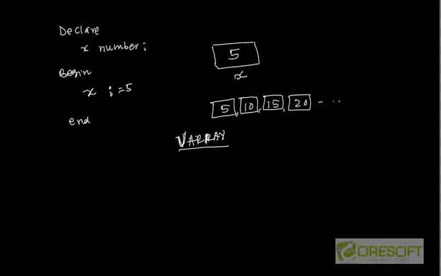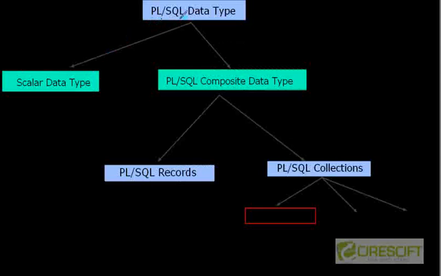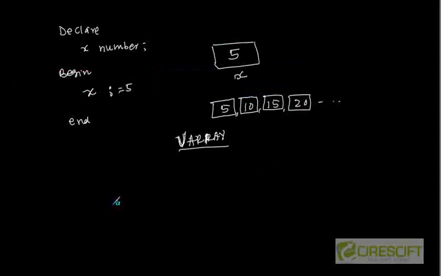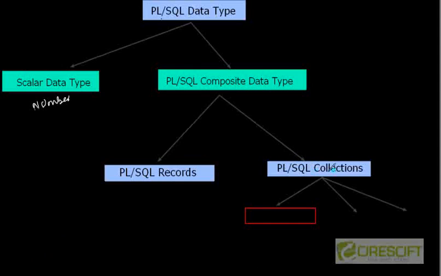So here is the bigger picture: PLSQL data types are of two types. One is scalar, like number, date, varchar, and all these things. Then we have composite data types. In composite data types we can have a record type, which we have discussed in the previous videos, and PLSQL supports this kind of manipulation through three different avenues, called collections, PLSQL collections.